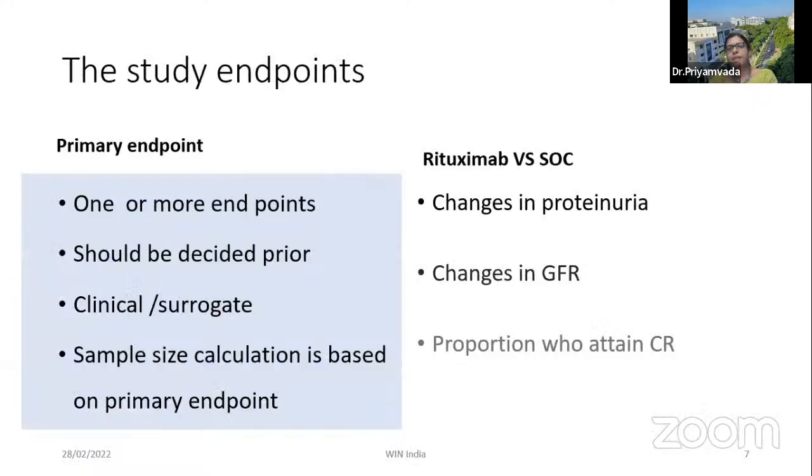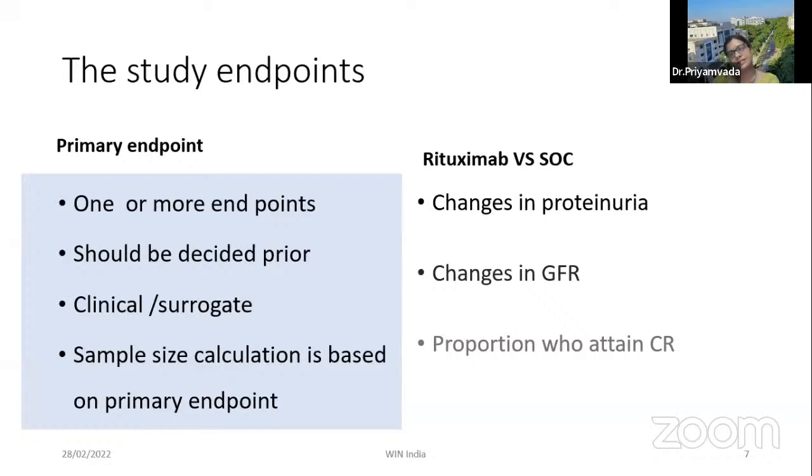Now the study endpoints. So basically, I'm not going into the details of how to select the primary endpoints. The primary endpoint which we could select in a study with rituximab is changes in proteinuria. You can either define it as a proportion of people who attain complete remission, but there is a small problem with that.